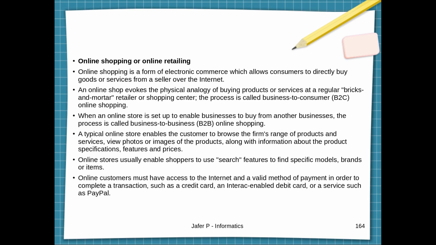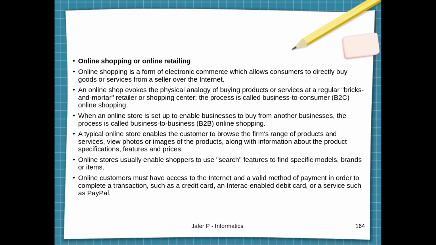Online customers must have access to the internet and a valid method of payment in order to complete a transaction, such as a credit card, internet-enabled debit card, or a service such as PayPal, right? Once they choose a product through online websites, they have to pay for that product.